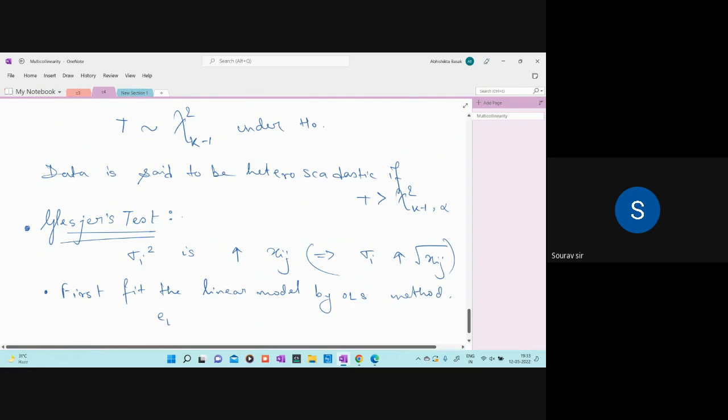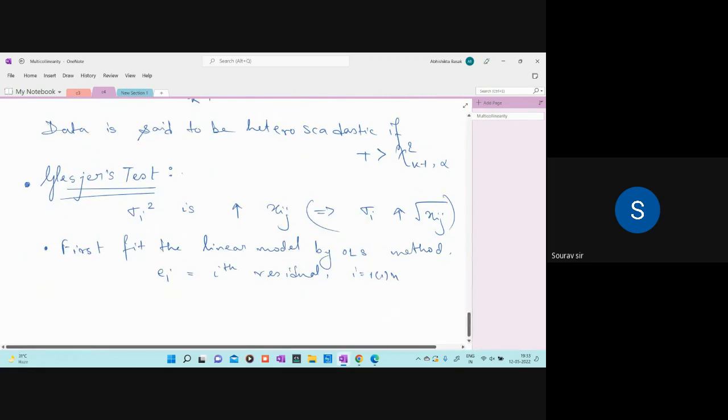Obviously we are going to get some e_i, which is going to be the ith residual for i running from 1 to n. After fitting the linear model by OLS, taking the mod of e_i gives me a rough estimate of sigma i.